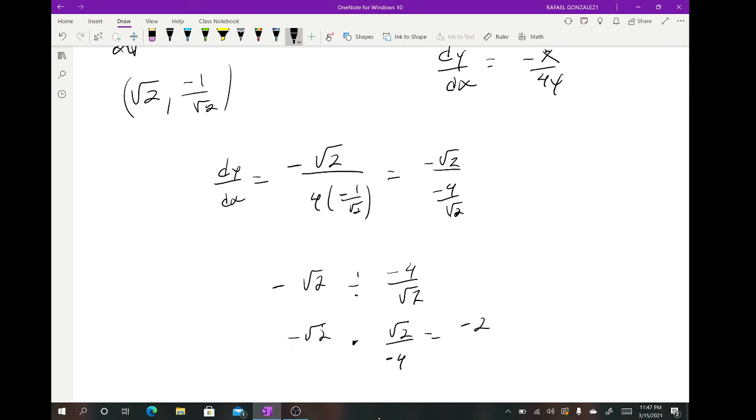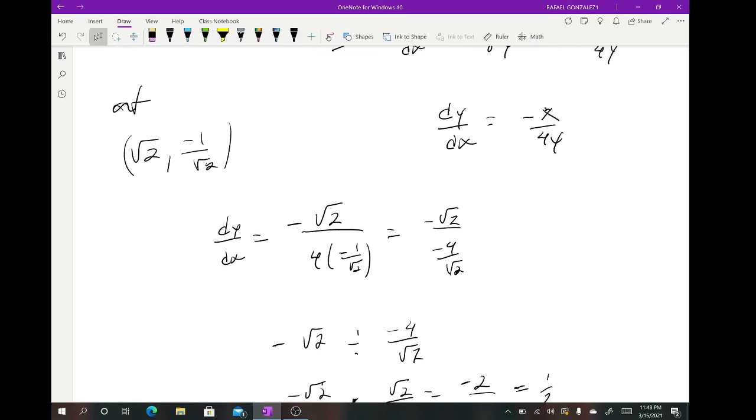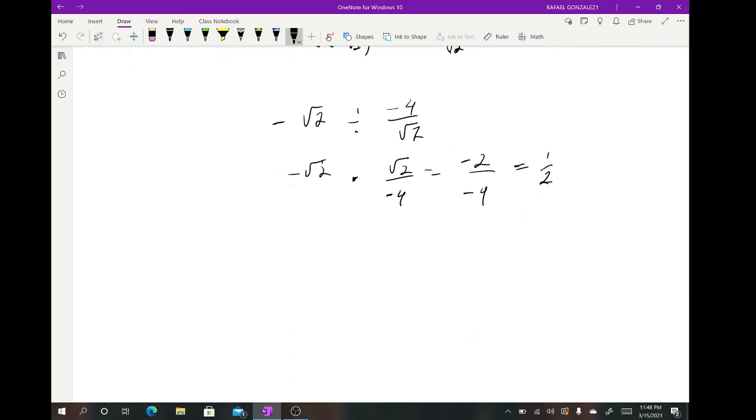So we have minus 2 over minus 4. Both of them are negative, so it's 2 over 4, which is the same thing as 1/2. So the slope at radical 2 and minus 1 over radical 2 is m equals 1/2.